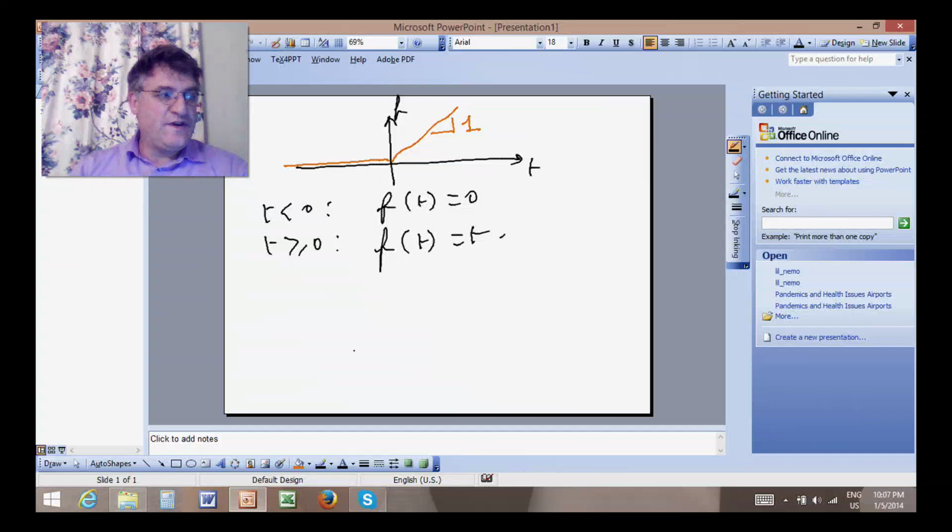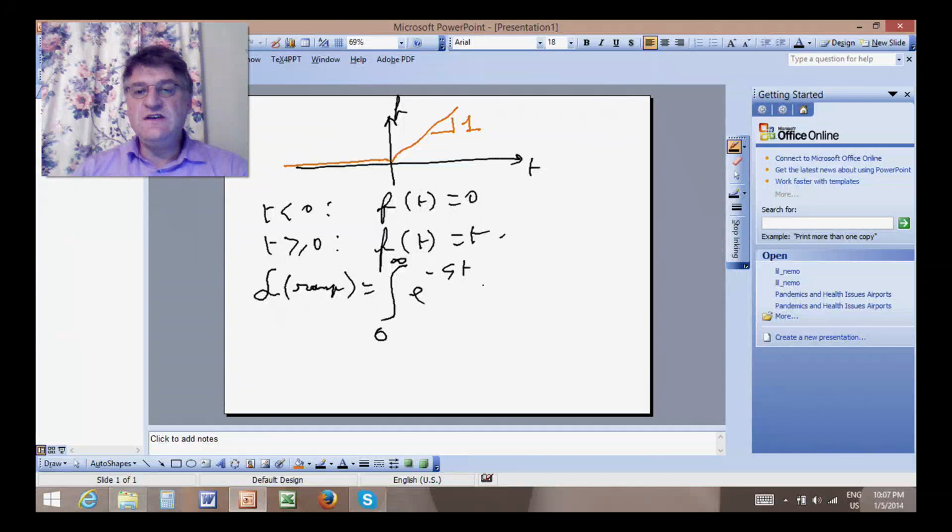Now, we can look at the Laplace transform of a ramp. First of all, we neglect the part at negative t, because we know that f is 0 there, so it's the integral from 0 to infinity of e to the minus st times t.